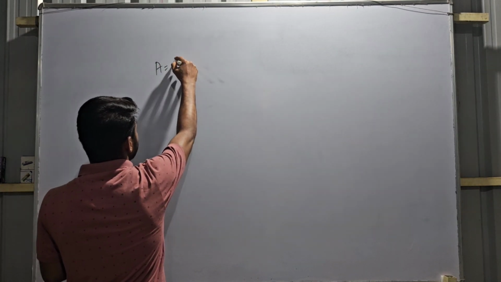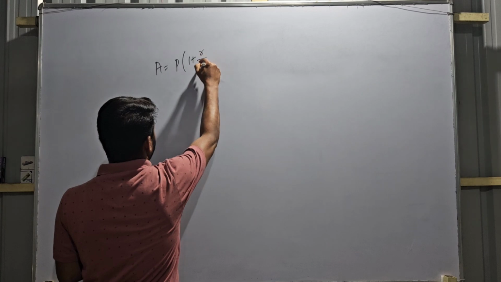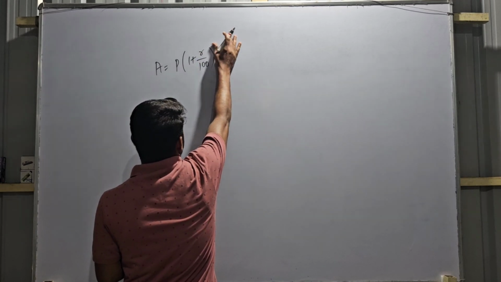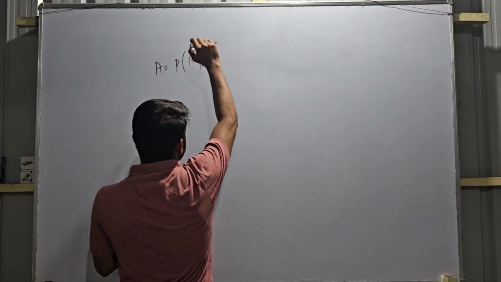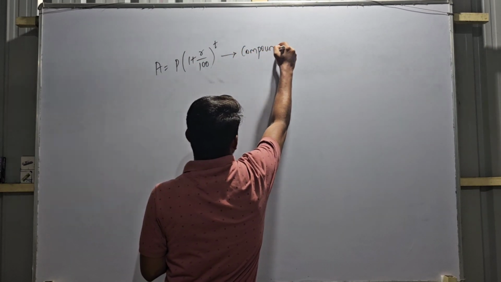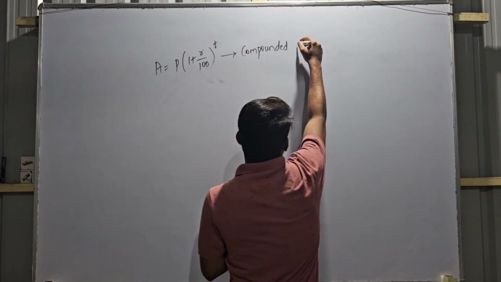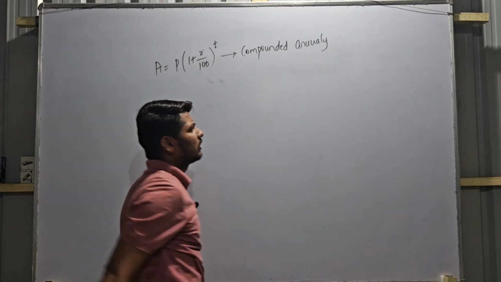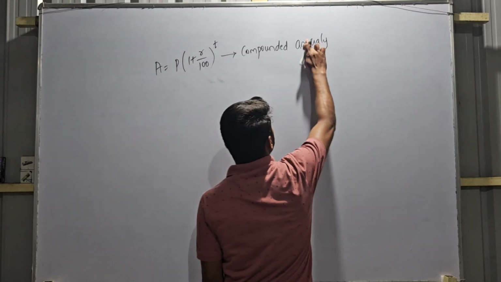So see, amount is equals to principal into 1 plus r by 100 power n or t, whatever you take. See, this is the formula of compound interest compounded annually.